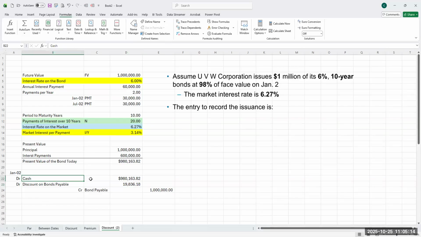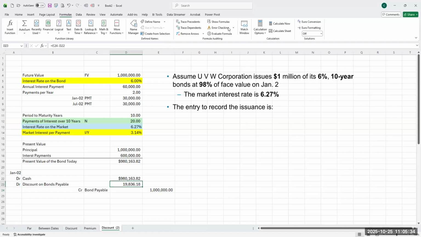The journal entry will be: the present value becomes the cash that we're going to get. The bonds payable are not going to change. It's always going to be $1 million, the amount that we have to pay after 10 years. And the discount will be the difference between those two amounts. That's how we're getting this amount.